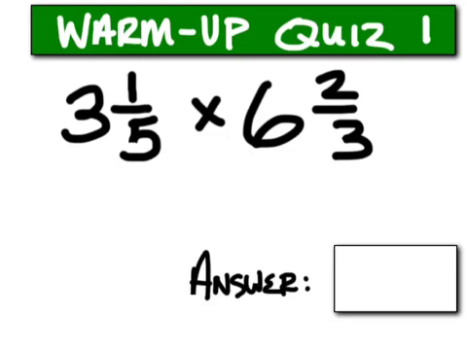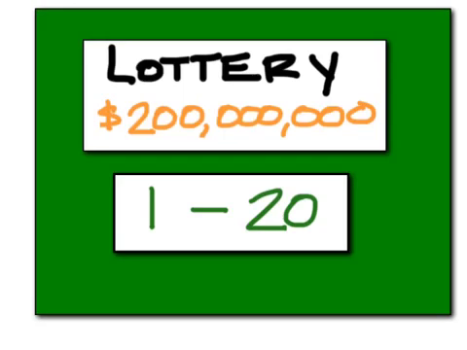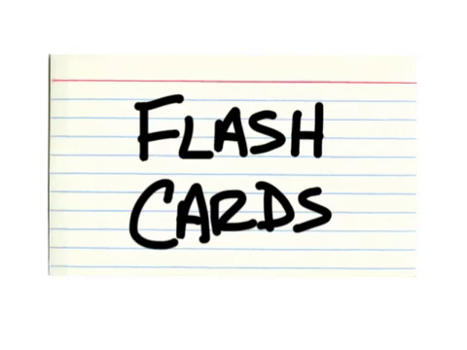Answer should be 21 1/3. The answer on this one should be 117 4/5. Pick a number from 1 to 20. Flashcards.